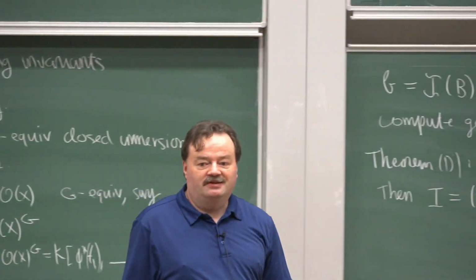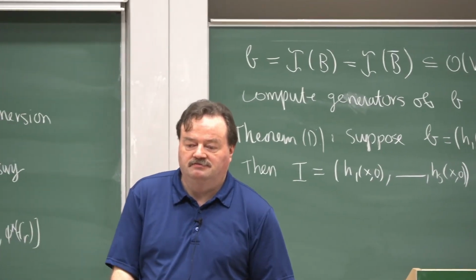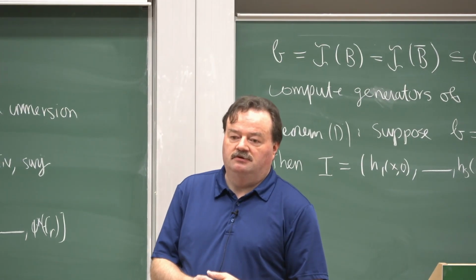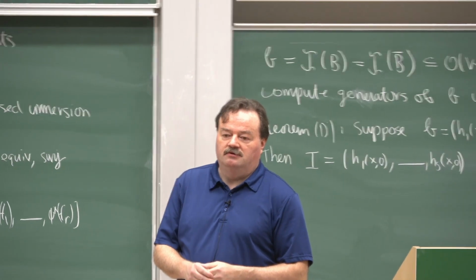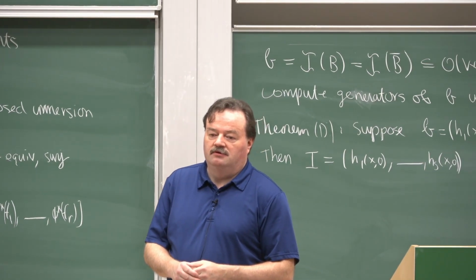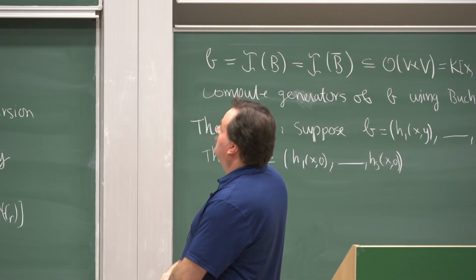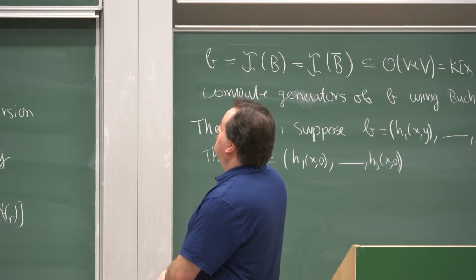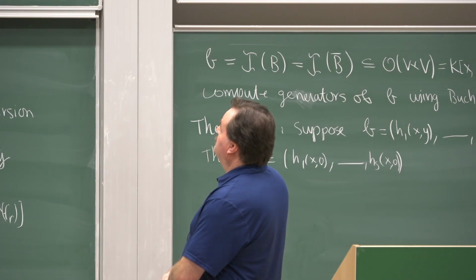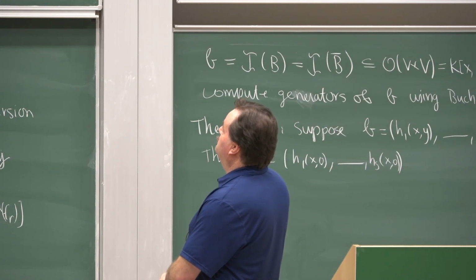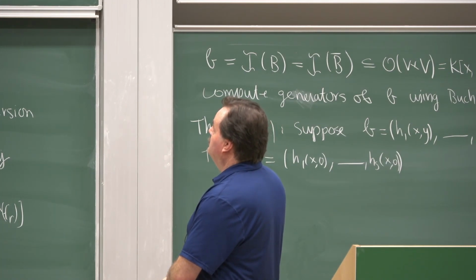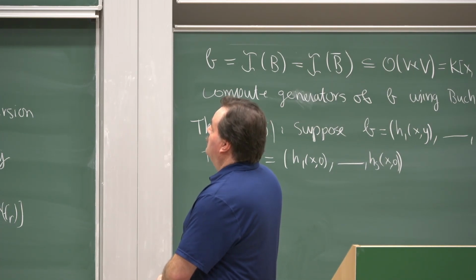Yes, Evelyn? Do separating invariants obviously contain some primary invariants? I mean, is there a relationship between these two things? Yeah, I think if you have separating invariants, in particular, they would have to define the null cone.